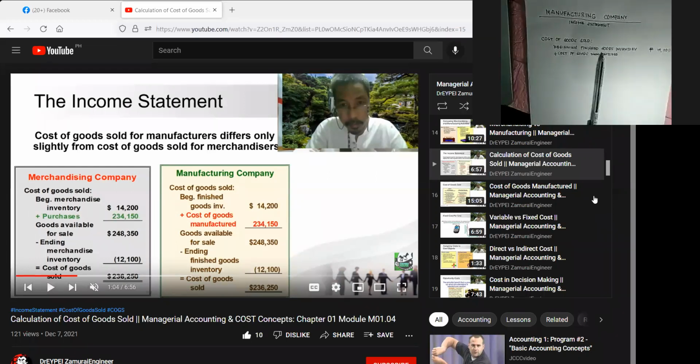Labor, equipment, and overhead. So what is the amount? According to the example, the amount is 234,150. Take a look. I am writing it down.